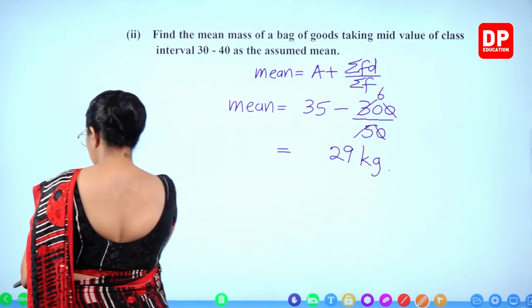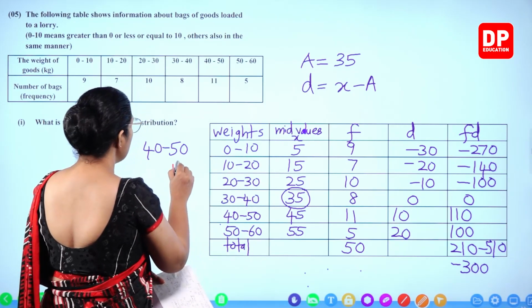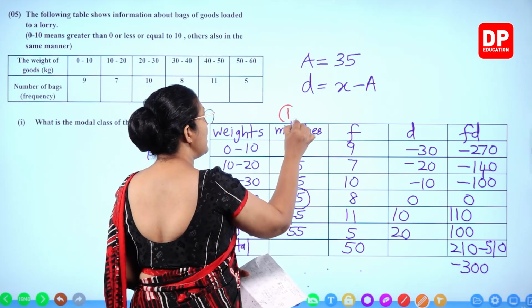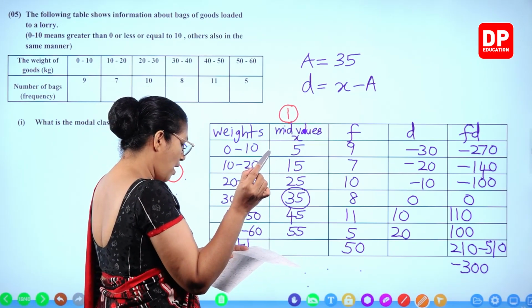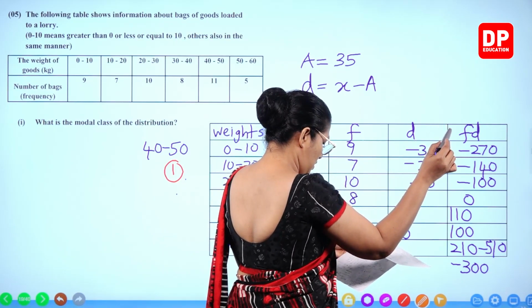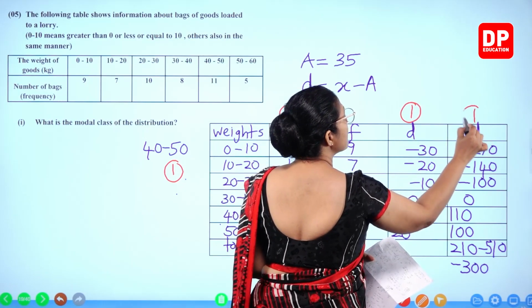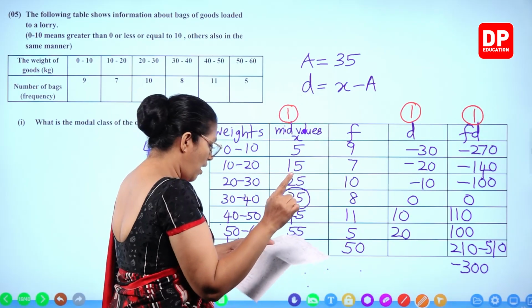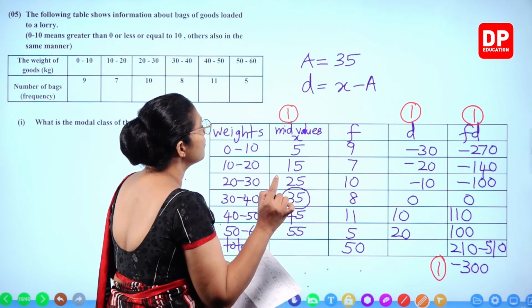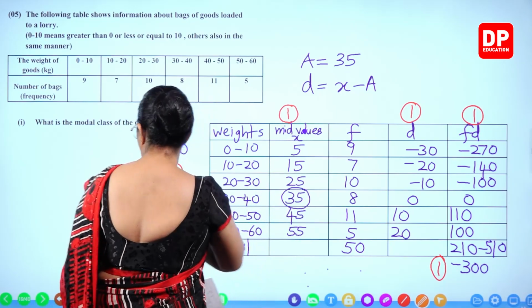So you are getting 40 to 51 mark here, and then 1 mark for calculating the mid values, and 1 mark for finding deviation here, and multiplying F and D 1 mark, and take the total 1 mark. 1, 2, 3, 4.